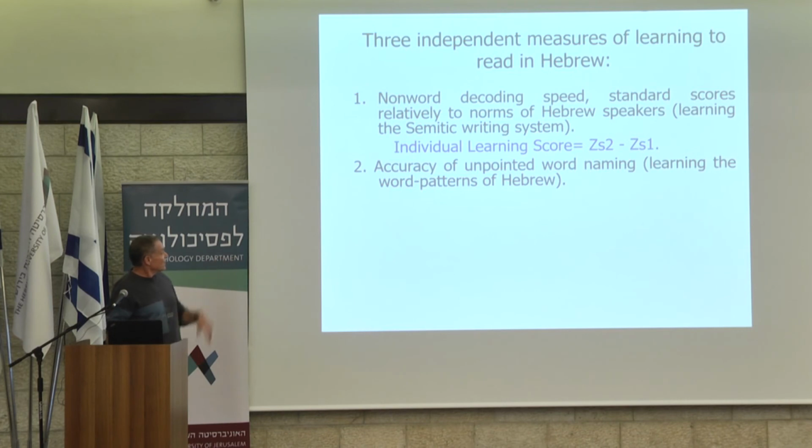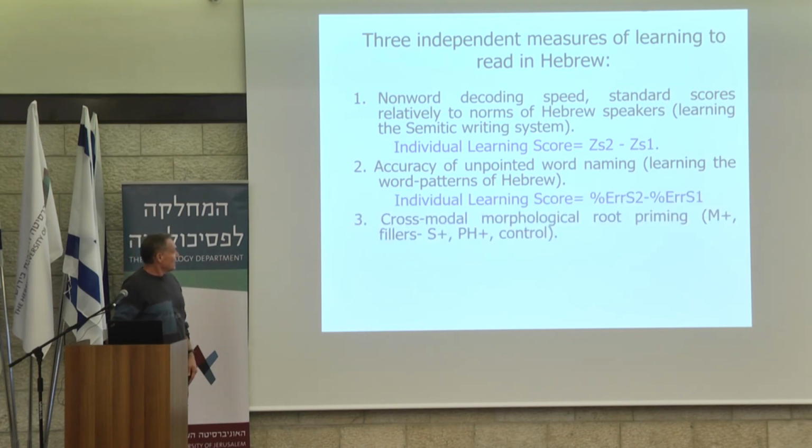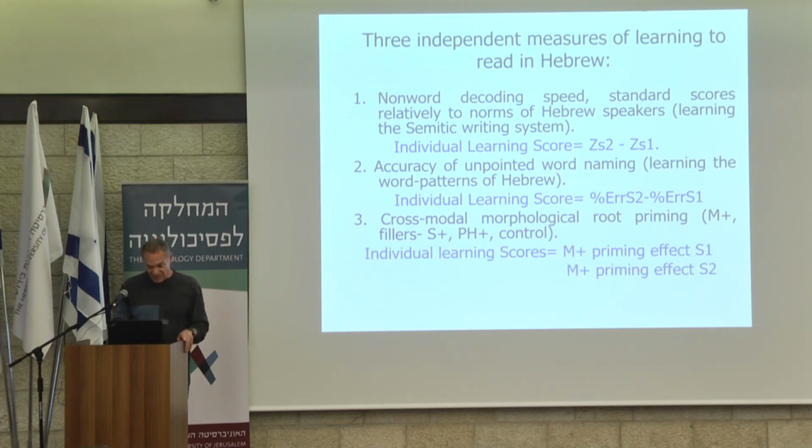There is an accuracy in reading unpointed words in Hebrew, again the same type of score. And cross-modal morphological root priming. This is how sensitive you are to the root structure of Hebrew, part of learning to read in Hebrew. And we have the priming effect here.